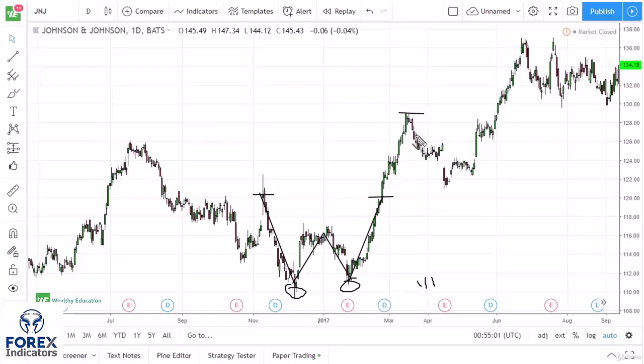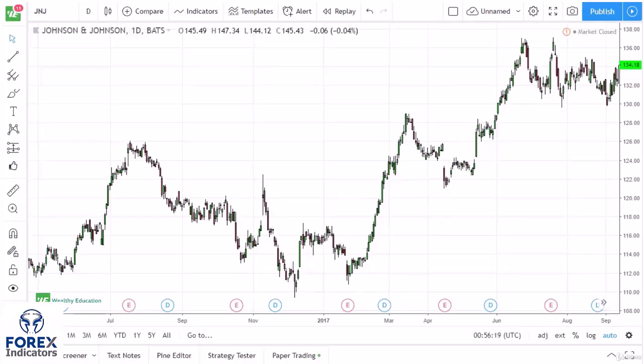However, I prefer to play it as such. I see the double bottom, and as soon as I see us break what would be the middle of the W, I go long there. I still wait to see if we break out above there. And once we do, I still extrapolate the same move as if I had gone long on a break of the W. This gives you, in this case, an extra, say, $3 or $4 on the trade, which can make quite a bit of difference on 100 shares, $300 or $400, or $1,000, $3,000 or $4,000, that type of thing.